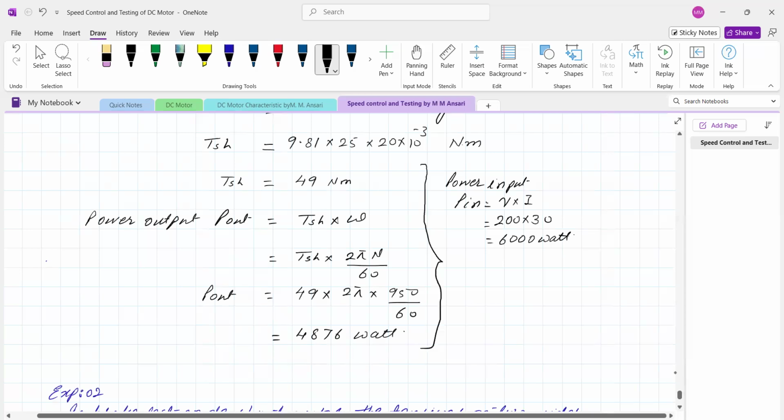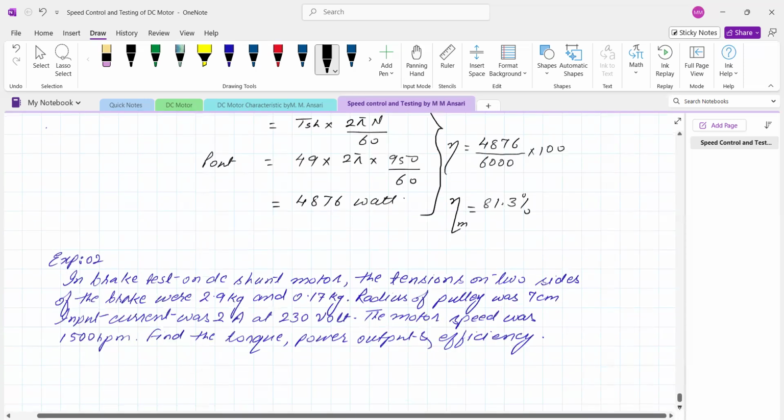Now we know the power output and power input, therefore the efficiency is equal to 4876 watt, the output, divided by 6000 into 100. So efficiency of motor is equal to 81.3%. So this is the first one.